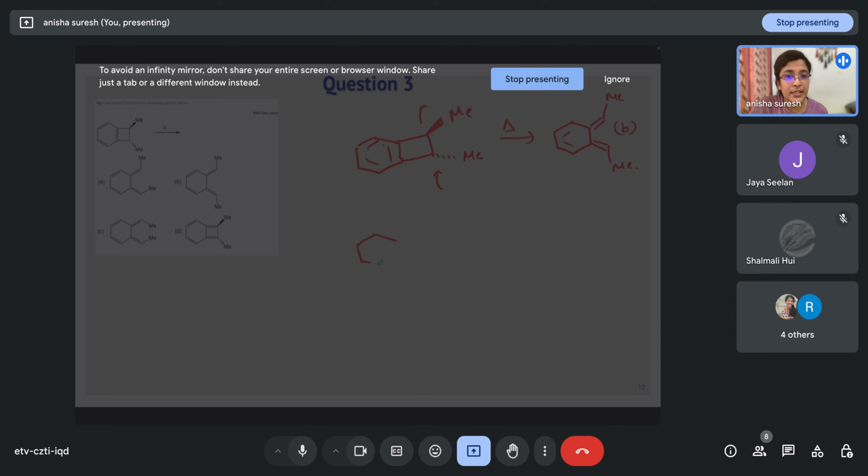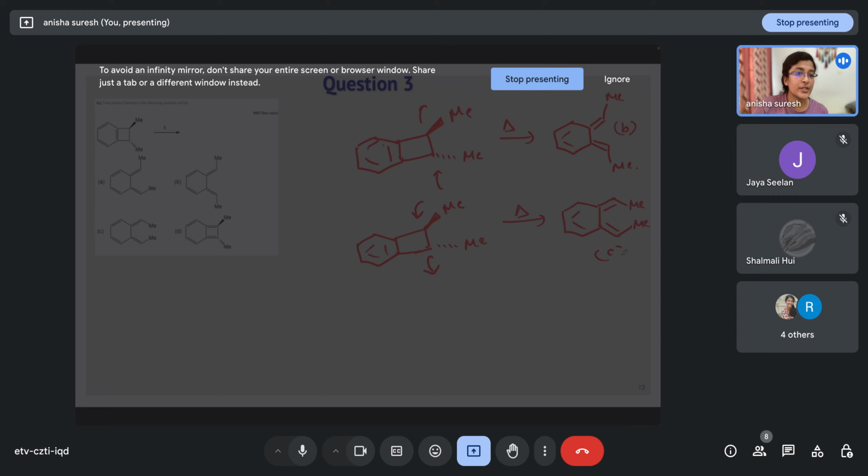And if conrotation is taking place in the anti-clockwise fashion, that is this fashion, the methyl group which is above will go inside, and here the methyl group which is below will also go inside, because the hydrogen will be going outside, so the methyl will be going inside.